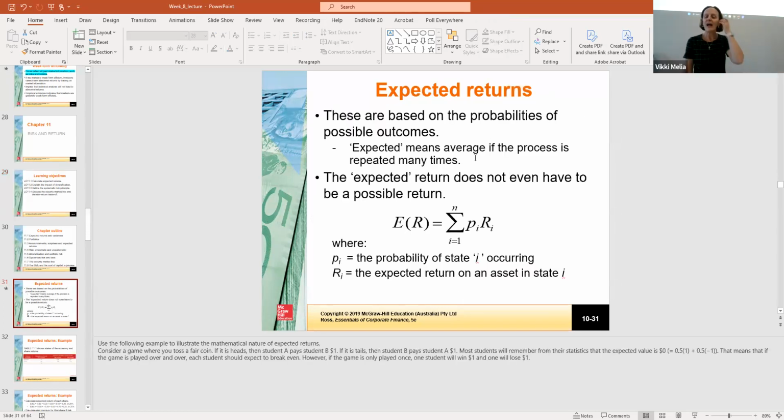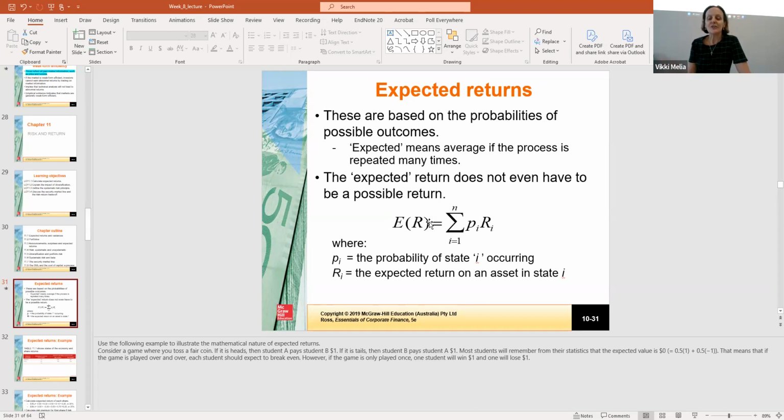So let's have a look at this concept of expected return. Expected means we're looking forward. We're not looking at the past. We're now looking forward. We need to have estimates for the future. An expected return can be calculated using probabilities.